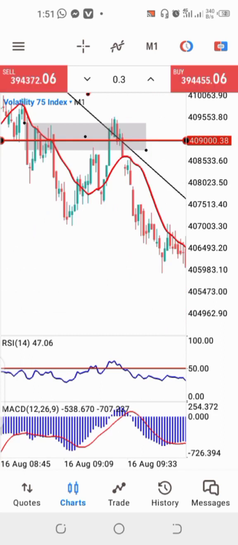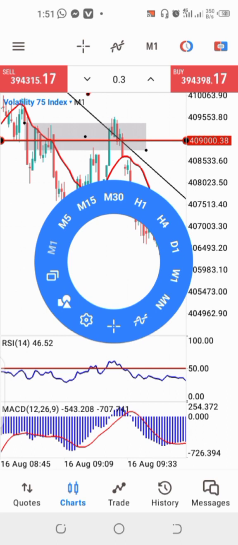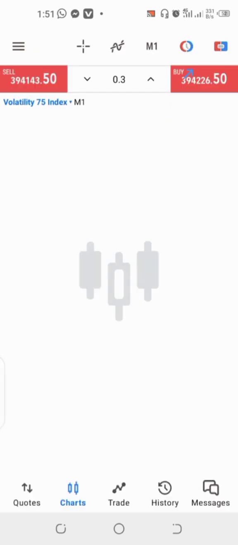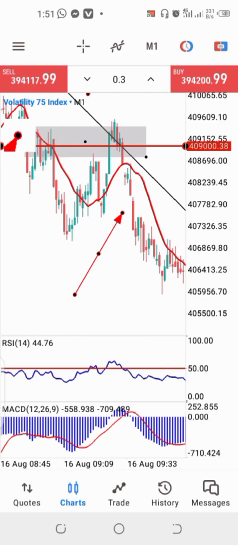Mind you, this is the M1 time frame. So if you would like to jump in, at this point you notice the nature of the candlestick formation.